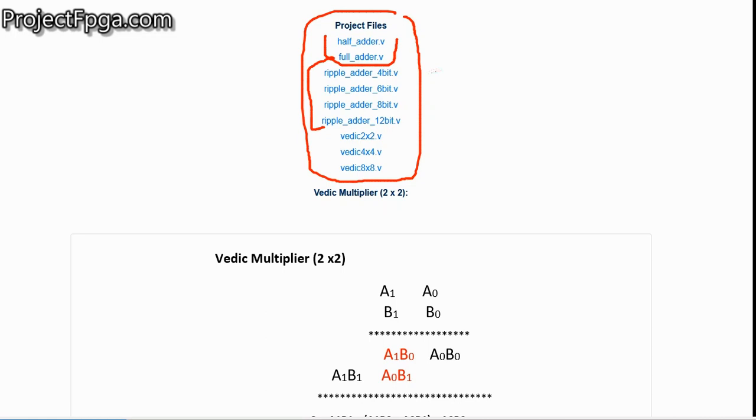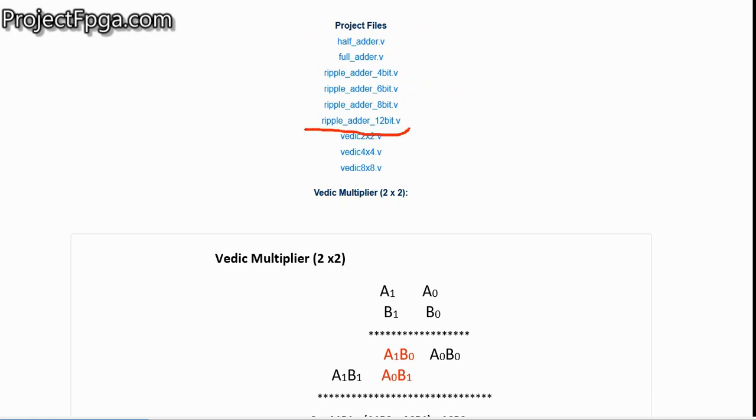The 6-bit ripple adder is a combination of 6 full adders. The full adder itself is a combination of 2 half adders. The 8-bit ripple adder is a combination of 4-bit ripple adders. The 12-bit is a combination of 2 6-bit ripple adders. So the adders are more like a subunit of the Vedic.